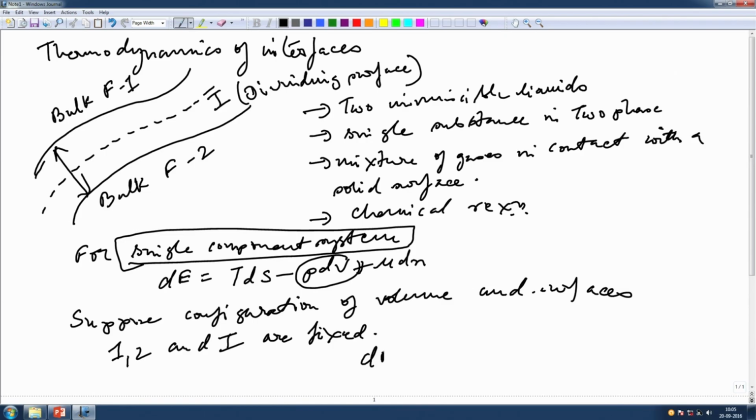So, that means this dE will now become TdS plus mu dN. Okay. So, let us go to the next page.